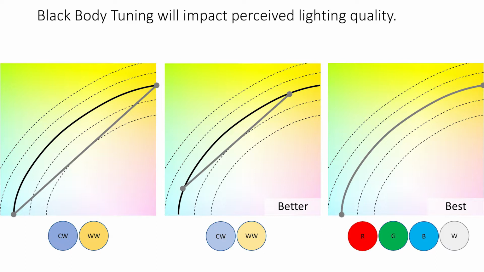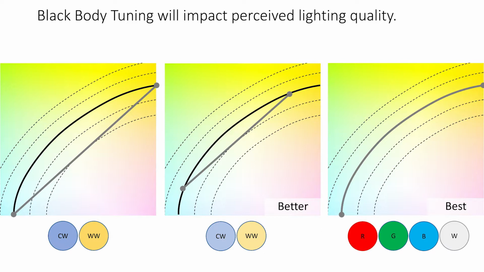The same is true on the other side of the curve. The manufacturer, for whatever reason, might have built the LEDs here and here. Then I'm going to go on a curve up above the curve. I'll be in the green section.